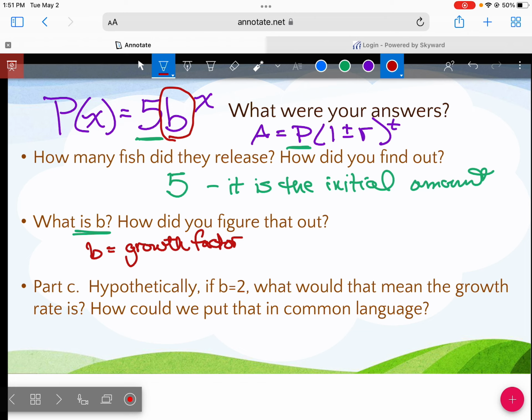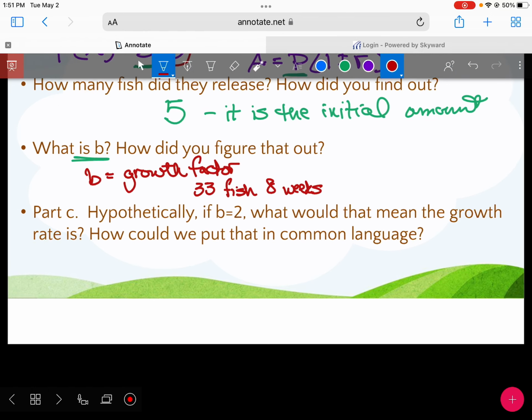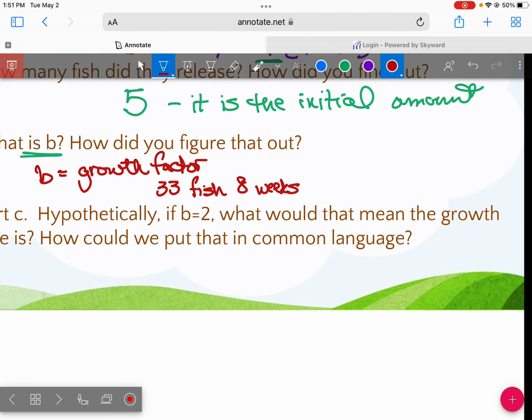Okay? Now, let's go and put in some numbers. It says find B if you know the lake contains 33 fish after 8 weeks. Find B, we have 33 fish after 8 weeks. Okay. Do we think this is an exponential function? Probably, right?